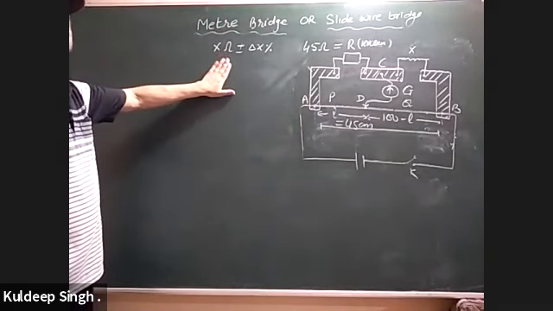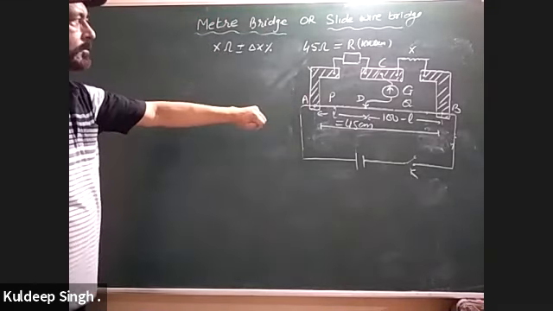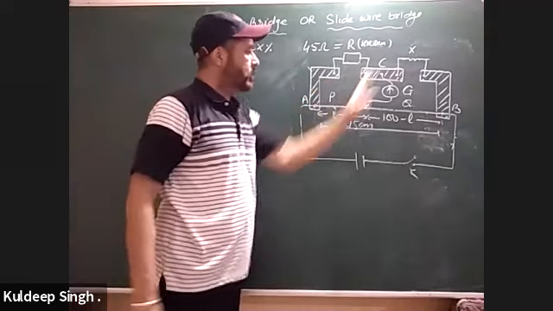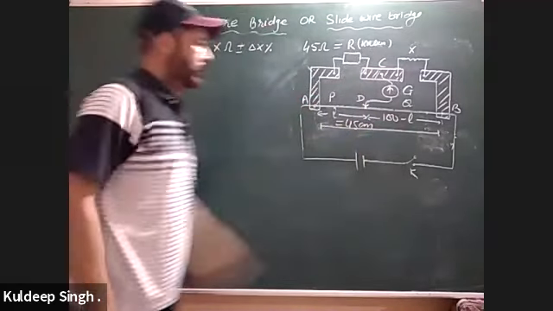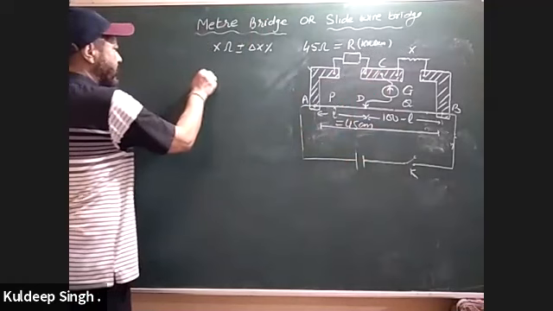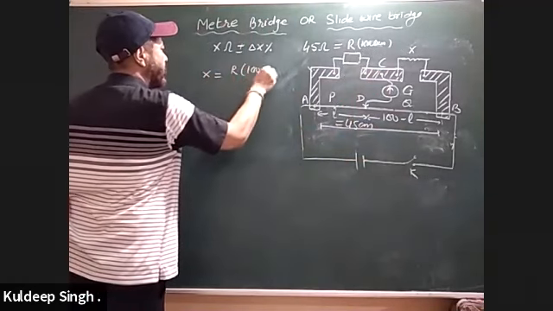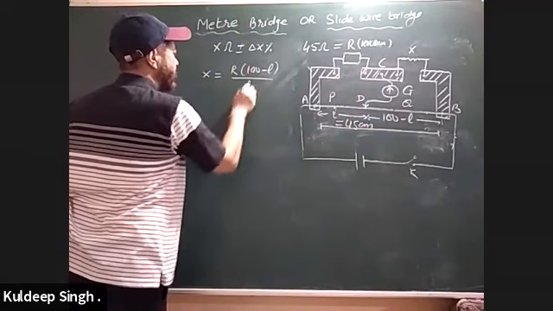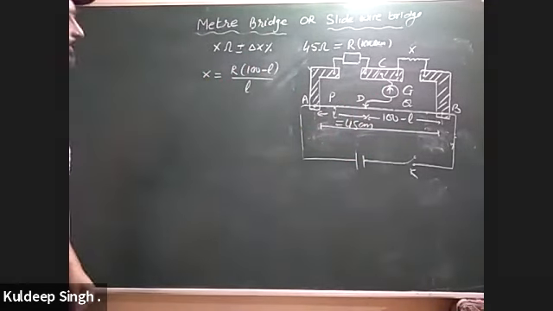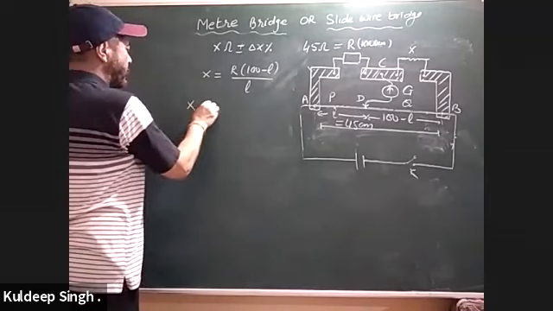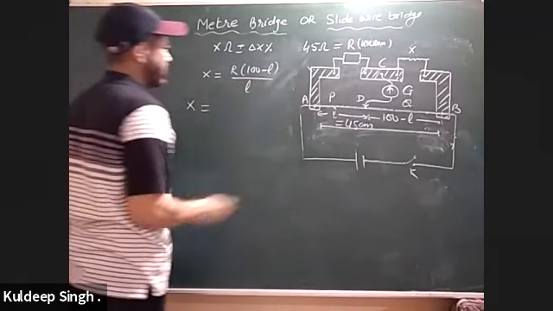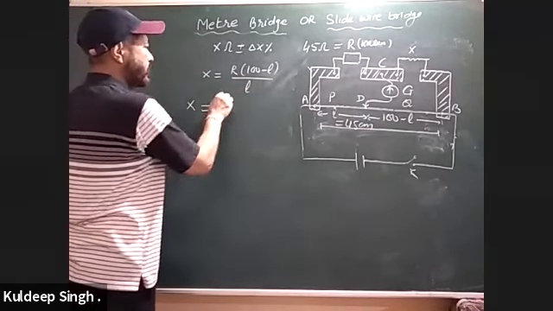X can be calculated from the given data. So I will say R by X equal to this by that. पुराना formula, बहुत बार use कर लिया आपने. So this becomes R into 100 minus L divided by L. अपने आप करके देखें, पॉज कर लें वीडियो, ट्राई करें, शाबाश, do yourself.